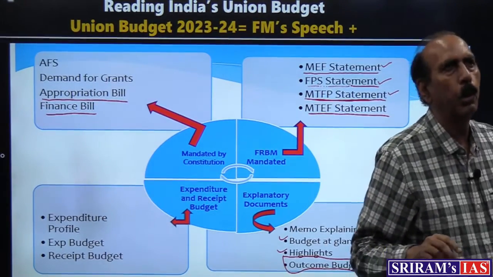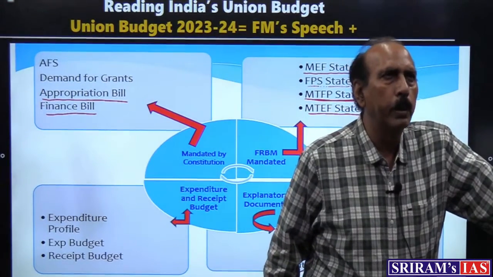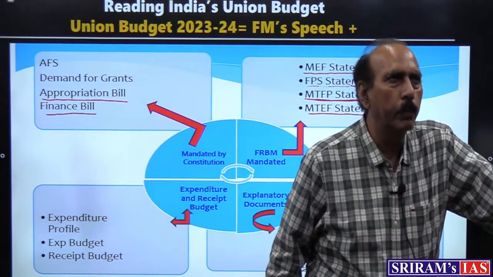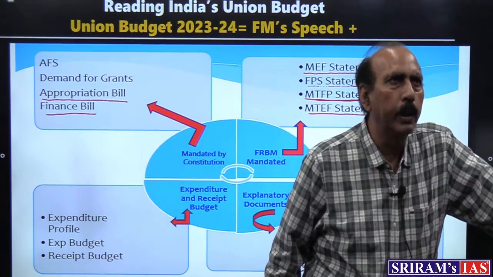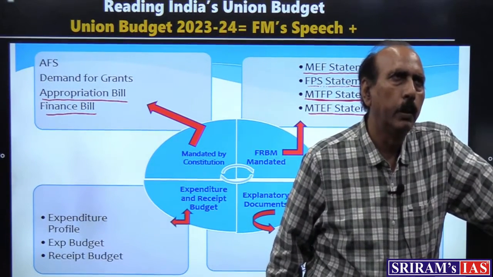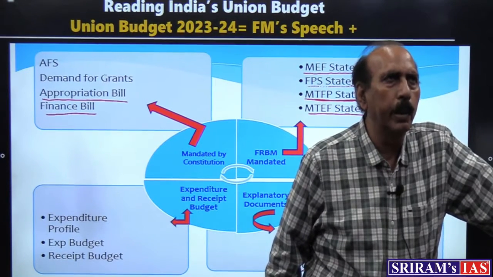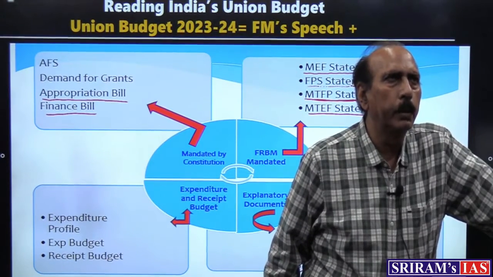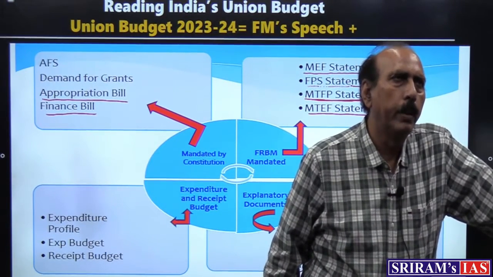Once the demand for grants are approved, only thereafter the appropriation bill or finance bill are presented. Of course, they are presented along with the budget, but the finance minister has to say that the appropriation bill is now to be considered by the parliament.